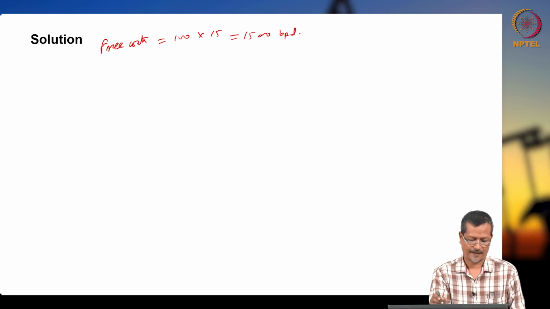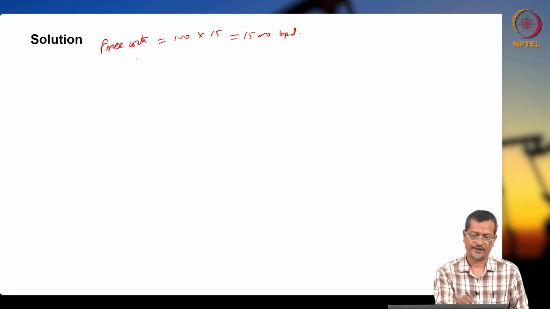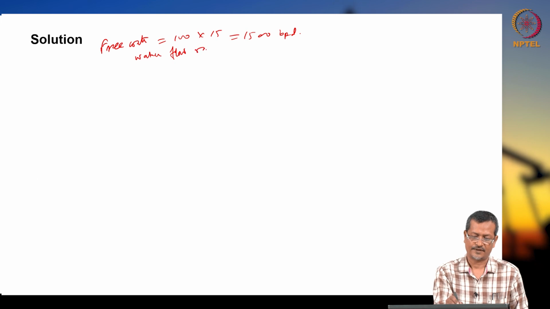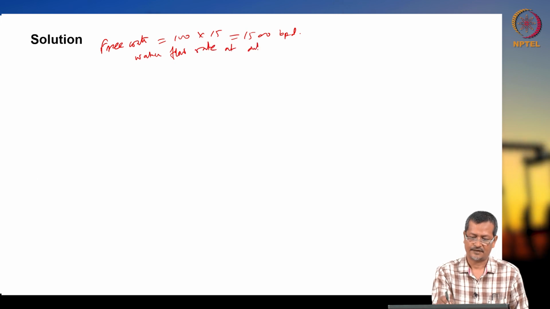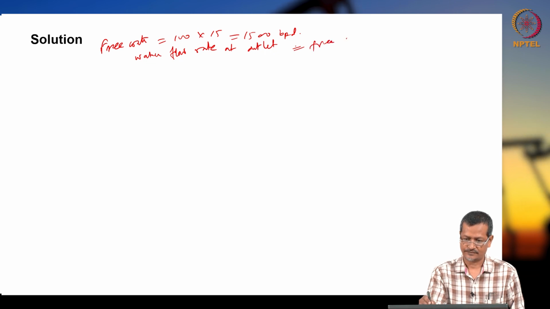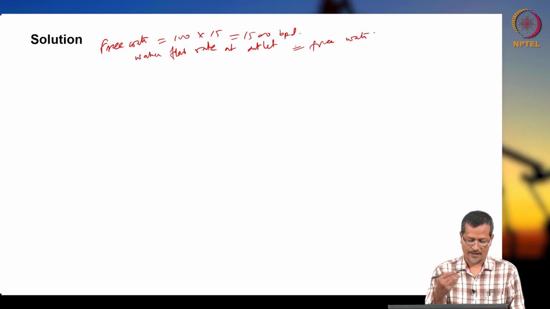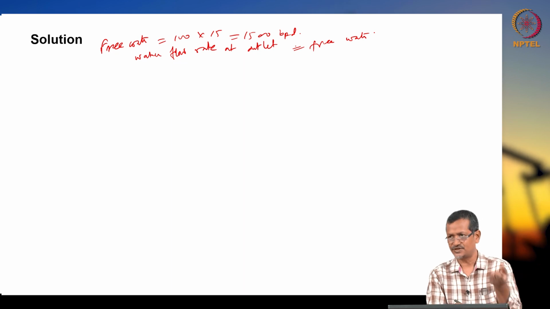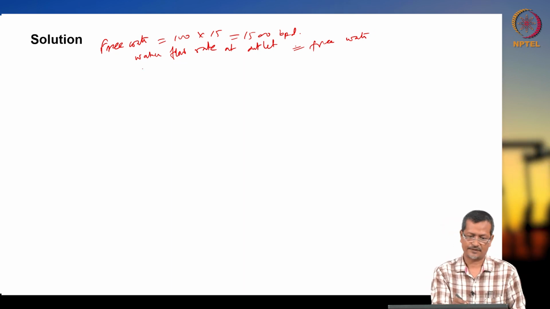Okay. So, water flow rate at outlet equals free water and water vapor condensate. Since the temperature is changing, water vapor will be condensing.